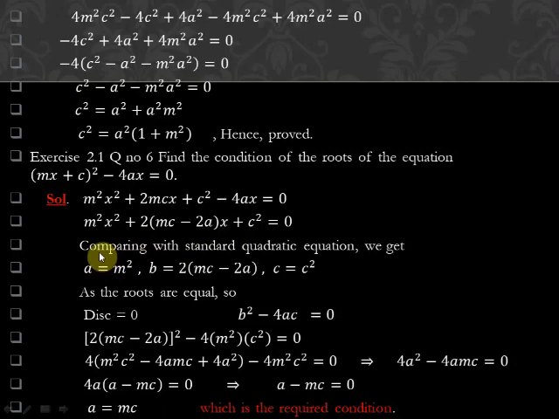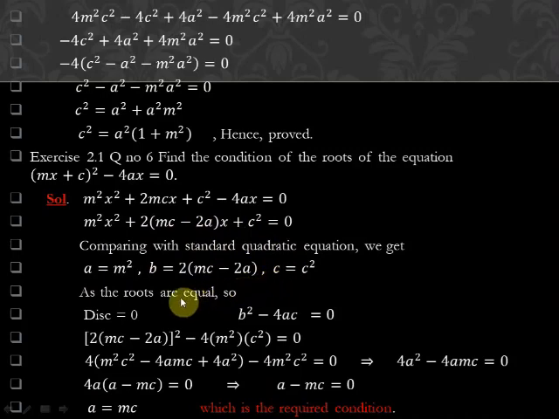Now we compare the given equation with the standard quadratic equation. We get the coefficient of x², m², equals a, the coefficient of x, 2(mc − 2a), equals b, and c² equals the constant c.